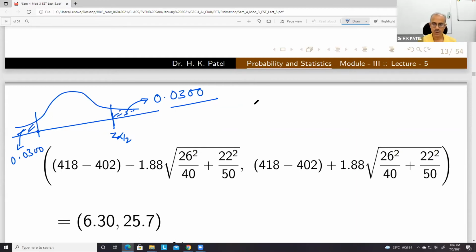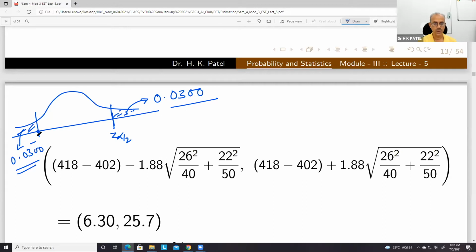So I can see this value in the table, and corresponding to that, I will get a negative number, because our table is a cumulative distribution. It gives the value from minus infinity to that given z value. So corresponding to 0.0300, I will get a negative number.